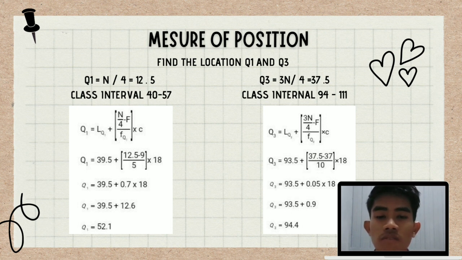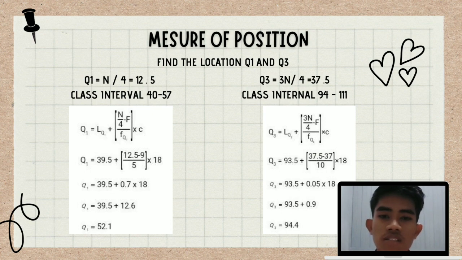The first step is to find the location of the first and third quartile to know their location in the class interval. After we find it, use the equation to find the first and third quartile. By using the equation, we get 52.1 for the first quartile and 94.34 for the third quartile.